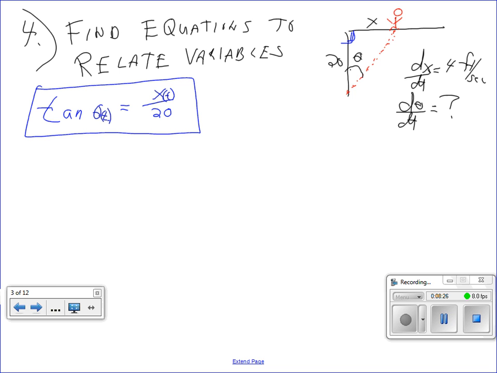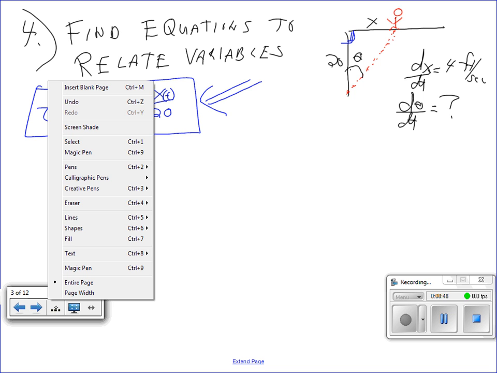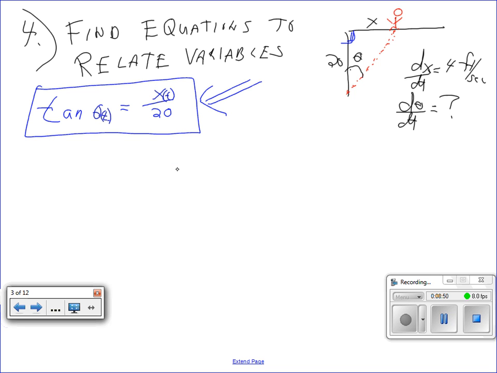And again, this could be the hardest part of the problem. Taking the word problem and figuring out the relationship is really most of the battle. The calculus, if you've been doing your homework, you can take derivatives, so the calculus tends to be somewhat trivial. Now what do you think the next thing I'm going to do is? What do I want to find?